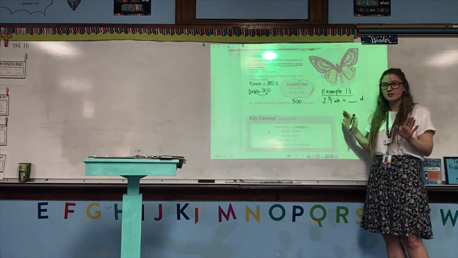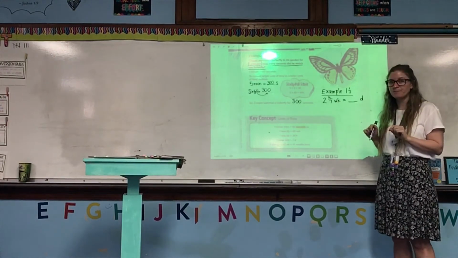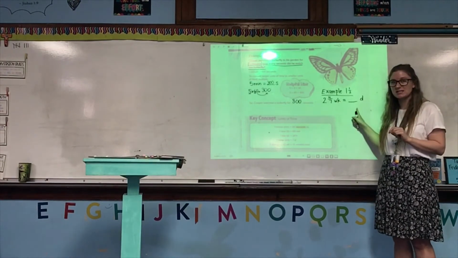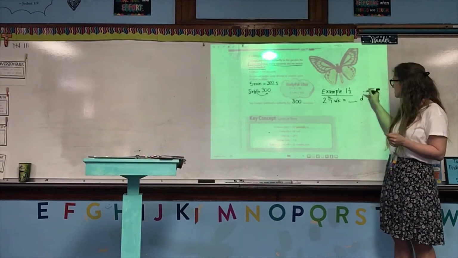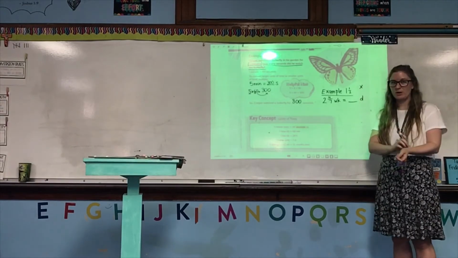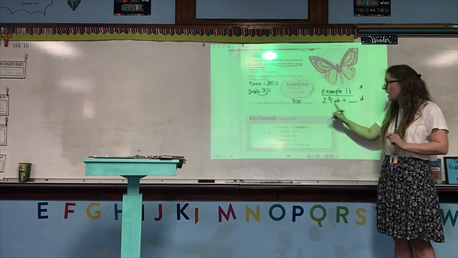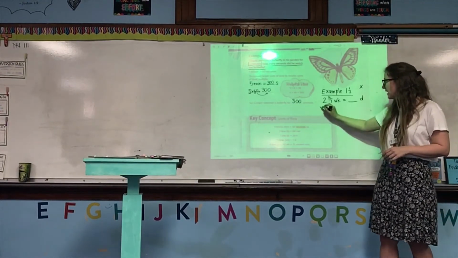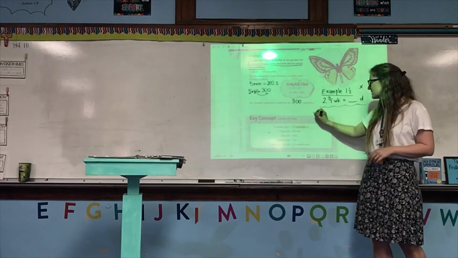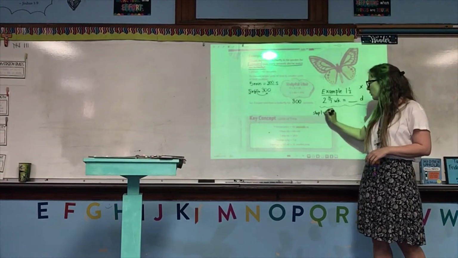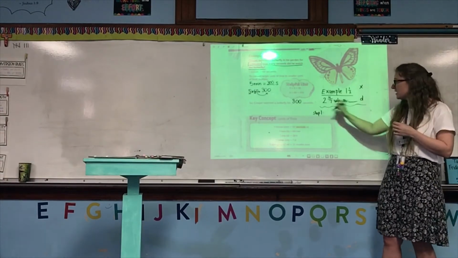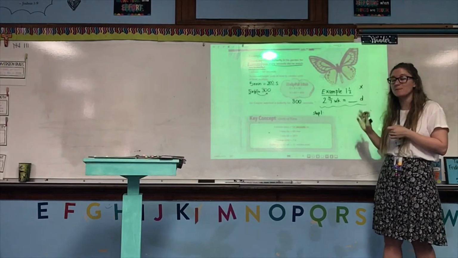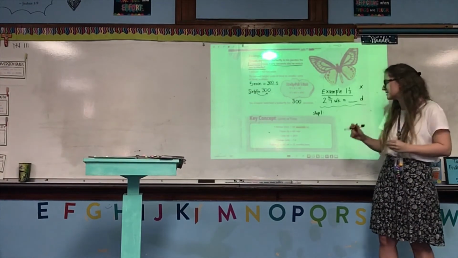Okay, so first, let's look at this problem. We know weeks are larger than days, so we're going to be going from big to small, which means we'll multiply. But we have a mixed number. So what we need to do first is, remember that step 1 is to break the mixed number apart into its whole and its fraction.